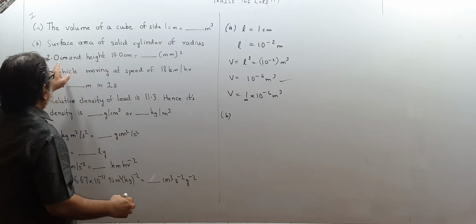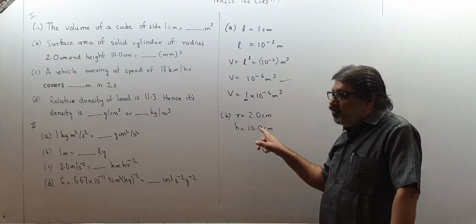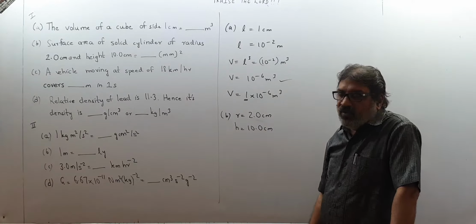So we are sure up to 2, but after the decimal, 0 can come, 1 can come, 2 can come, whatever. It means measurements have been taken up to the first decimal, that is what we think. So here also to 1 decimal, here also to 1 decimal. That means in the final answer, whatever value we get, there should be only one place after the decimal because precision is only up to 1 decimal.